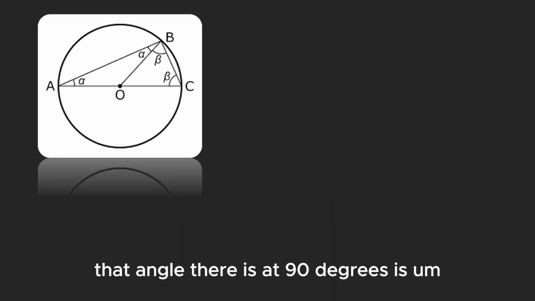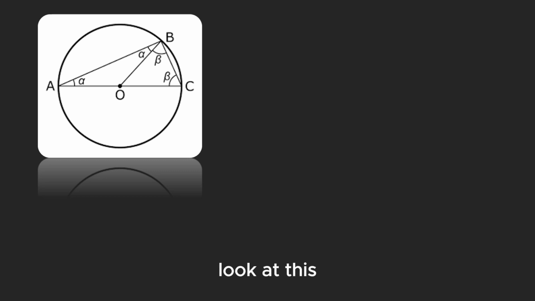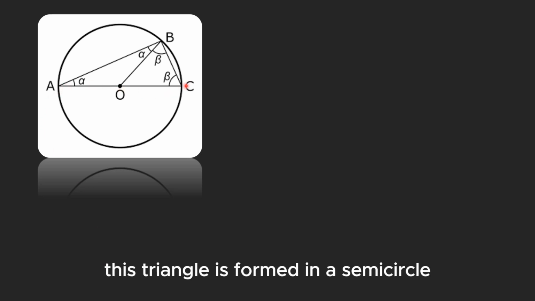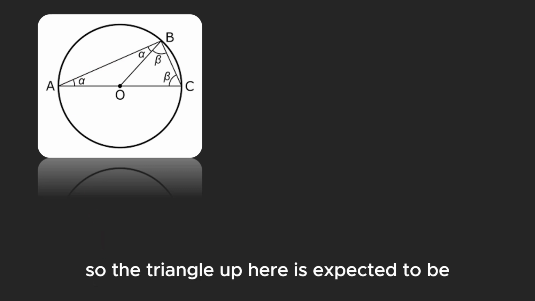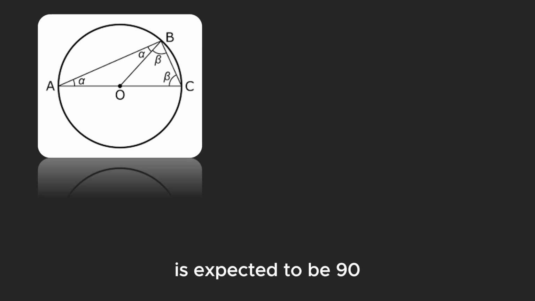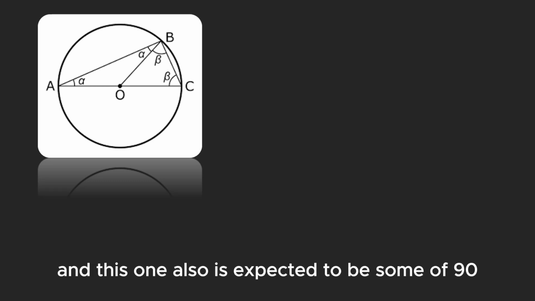To also prove that that angle there is at 90 degrees, look at this triangle. This triangle is formed in a semicircle. So the triangle up here is expected to be 90, and this one also is expected to be sum of 90.